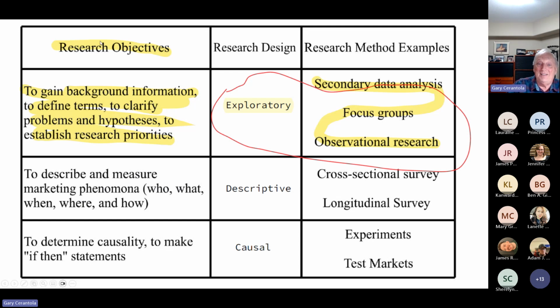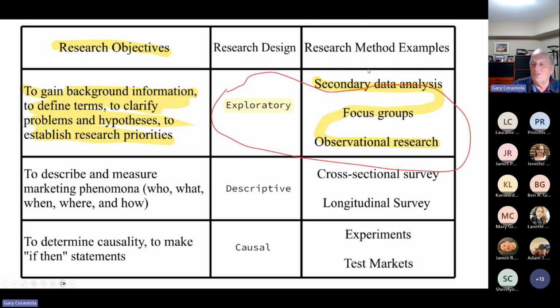So understand, in terms of research objectives, for exploratory research design, that's where you get the background information. You define the terms to clarify the problems. You set up some hypotheses that you'll test in the research.